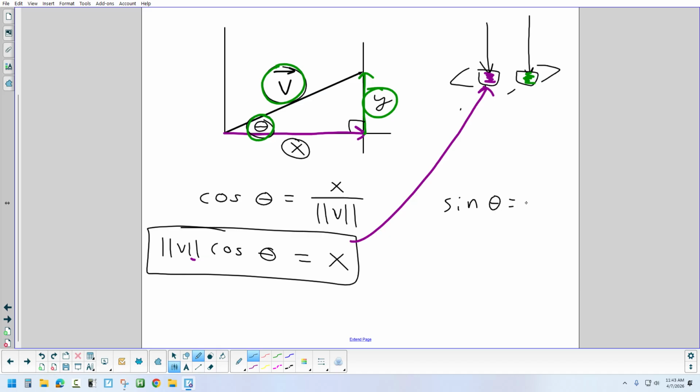Sine of theta equals opposite over hypotenuse, but again, what of the hypotenuse? The magnitude, not a picture of the hypotenuse. We don't want a picture. We want the length of it, just like that.